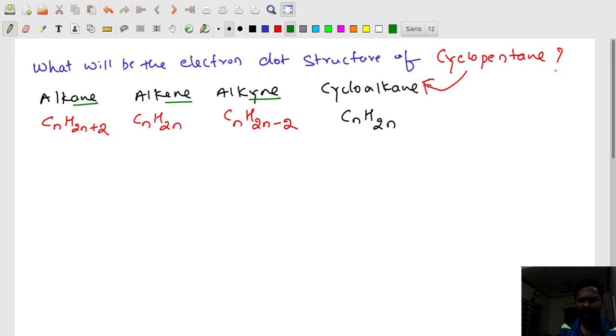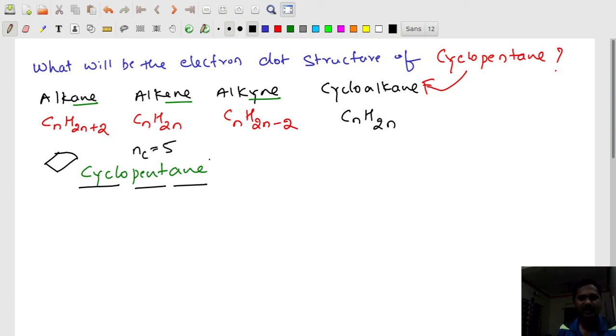Let me split this word: cyclopent and ANE. The word cyclo gives a ring structure to the hydrocarbon, and pent gives the number of carbon atoms, which is 5.